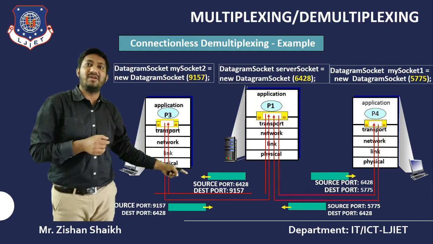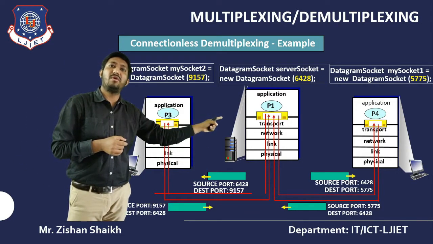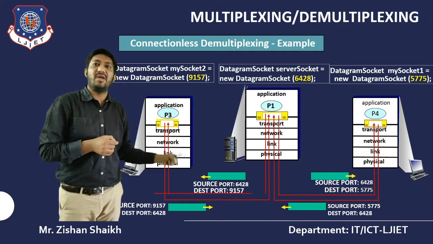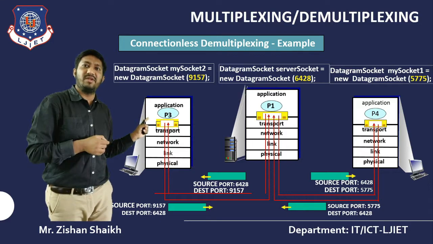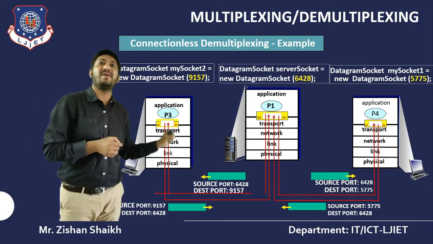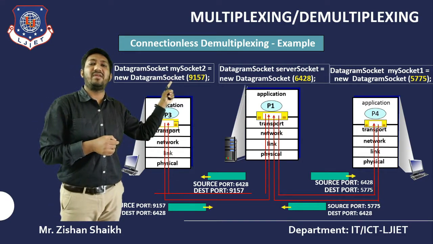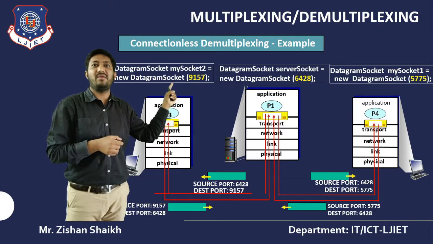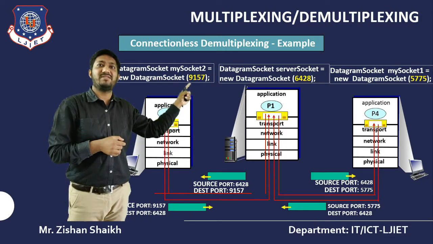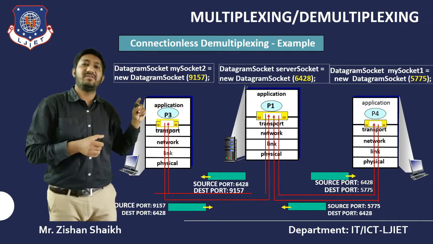We can see the source port number, which is the P1 port number, 6428. The destination is device A, and the destination port number is 9157. When we create the socket, we give this particular port number by default. So application A has port number 9157, another has 6428, and another has 5775.